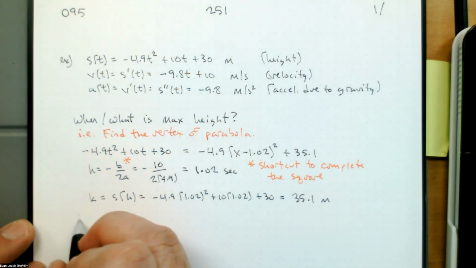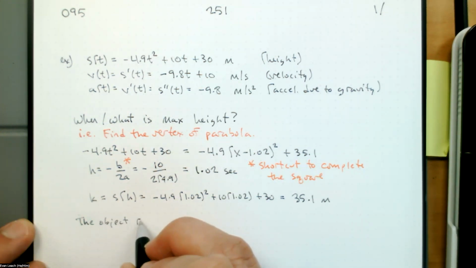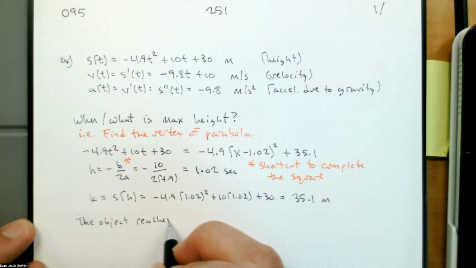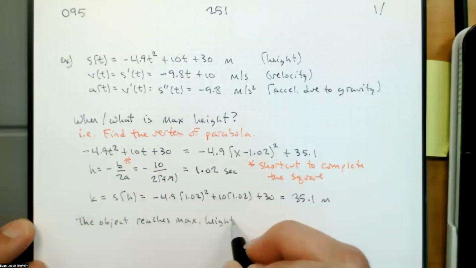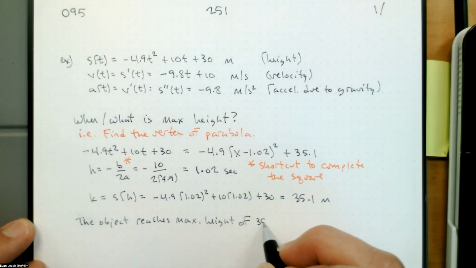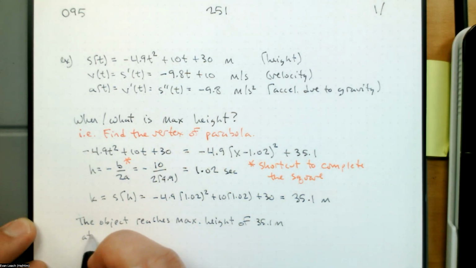So the object reaches a maximum height of 35.1 meters at 1.02 seconds after being thrown.